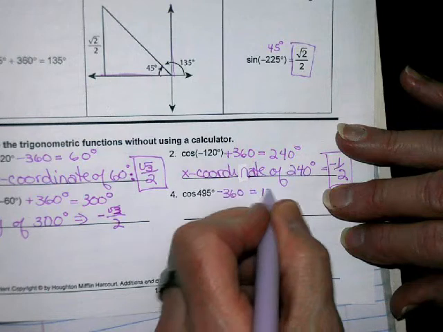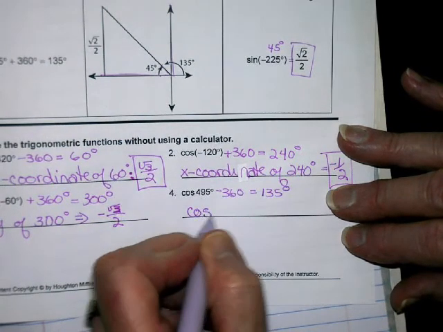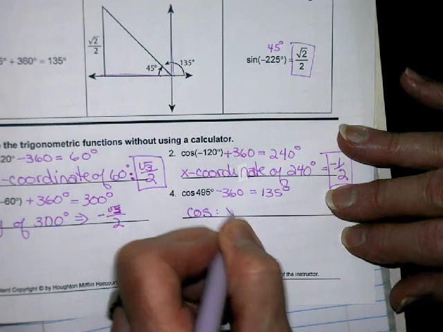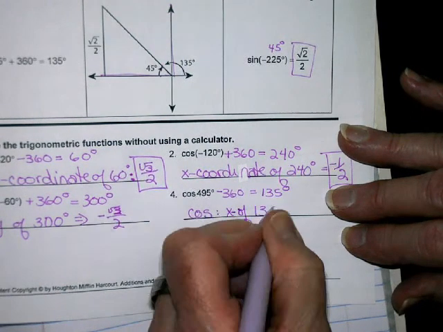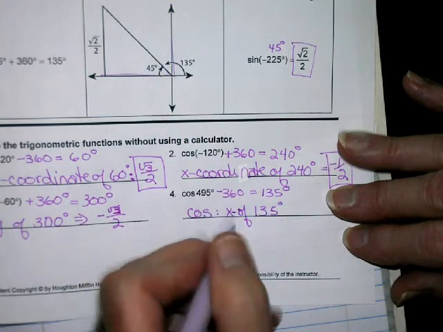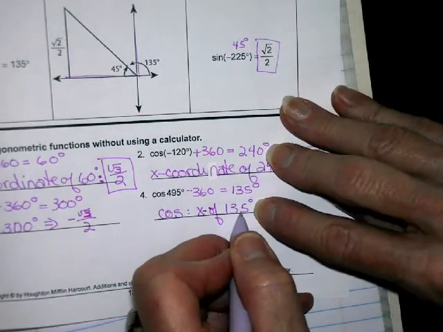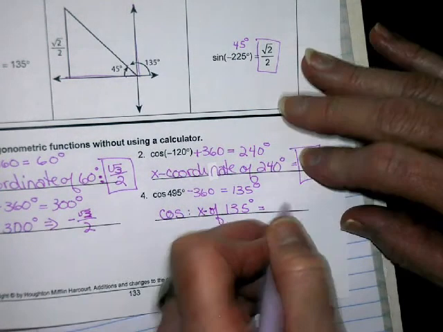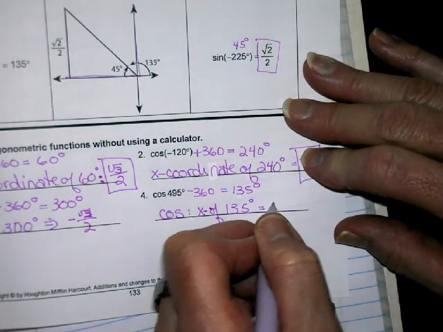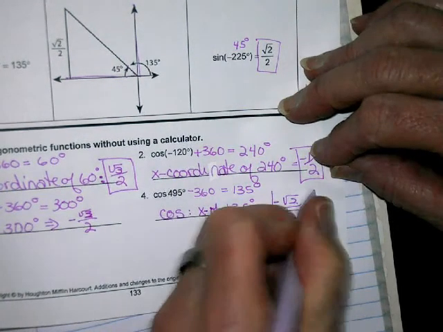Take away 360. That's 135 degrees. The cosine is the x-coordinate. And that is a 45-degree reference angle. So the x-coordinate of 135 is a negative square root of 2 over 2.